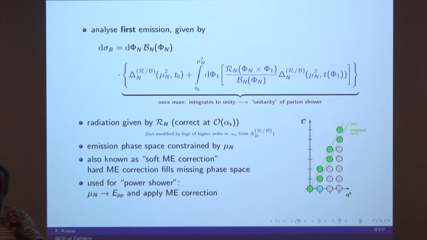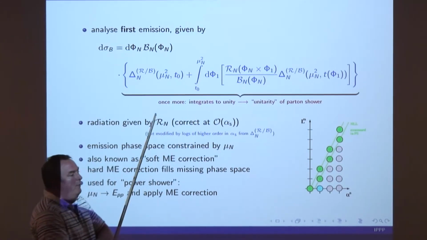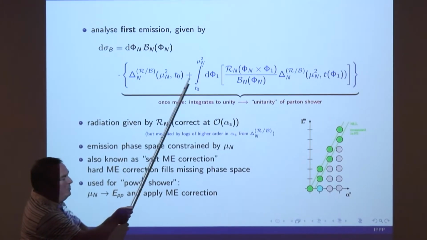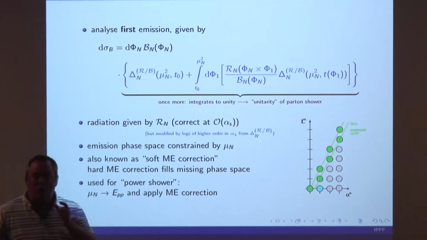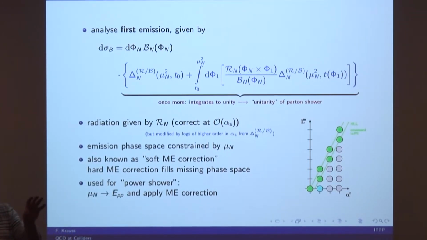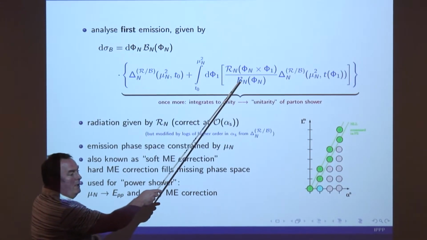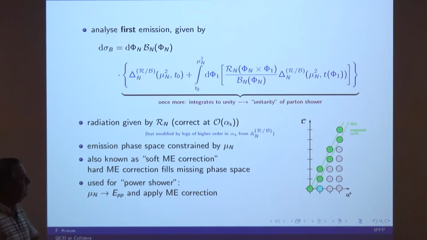Now, if you start calculating, you realize that for that to be exactly 1, the argument in the pseudo-Sudakov has to be exactly the argument of the splitting term, because only then you have a complete integral. Or in other words, this is the negative derivative with respect to that.